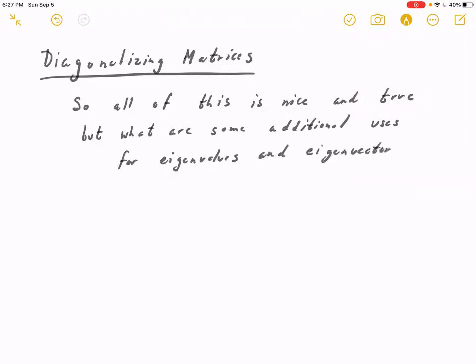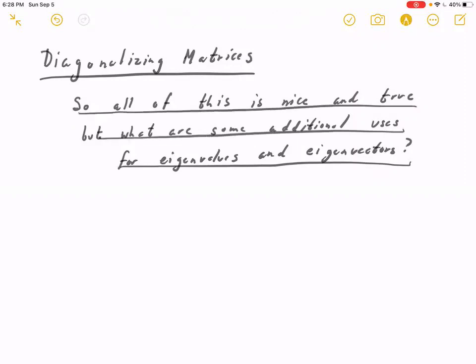Because after all, if the only useful application were the coupled harmonic oscillator problem, well, that's not a lot of motivation for studying eigenvalues and eigenvectors.